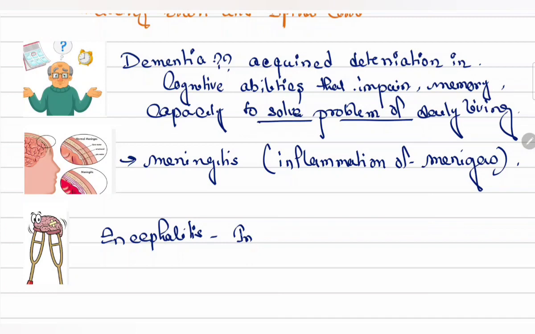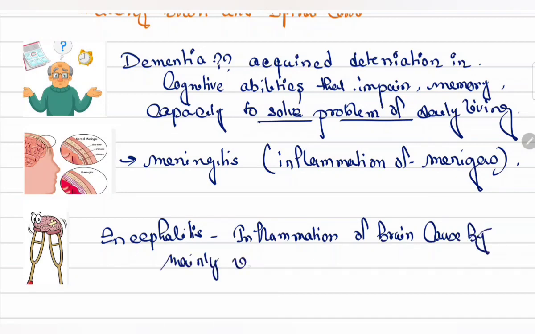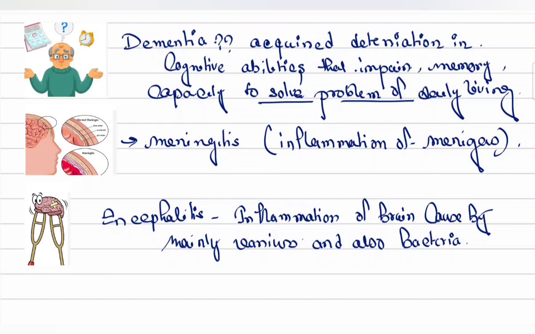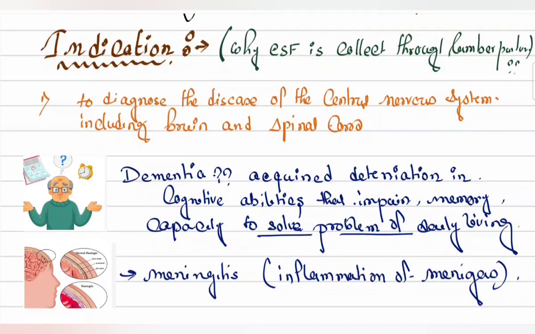Encephalitis is inflammation of the brain caused mainly by virus and also bacteria. Other disease conditions are Reye syndrome, inflammation of the spinal cord and autoimmune conditions. So lumbar puncture helps to diagnose diseases of the central nervous system including brain and spinal cord.